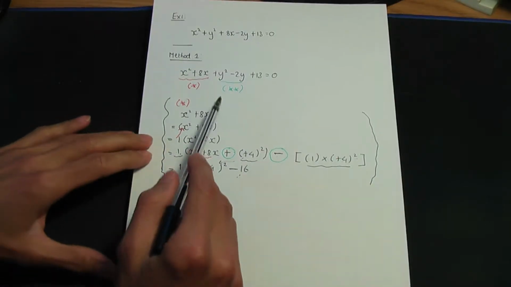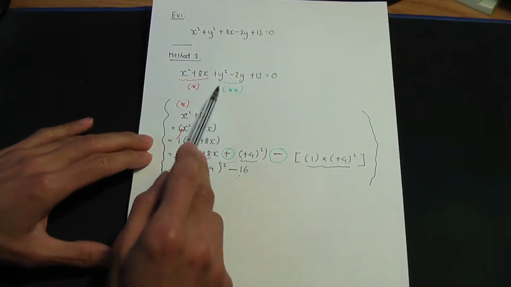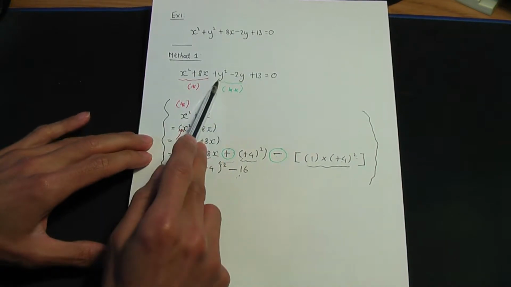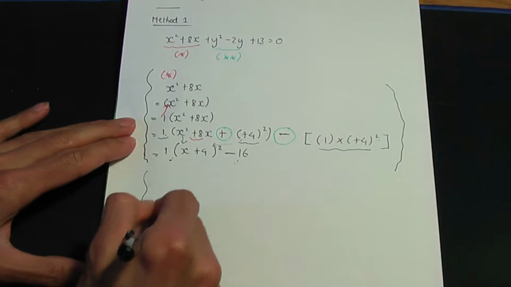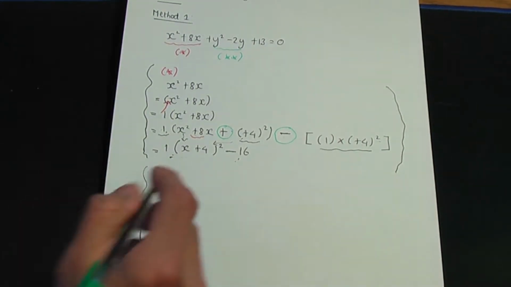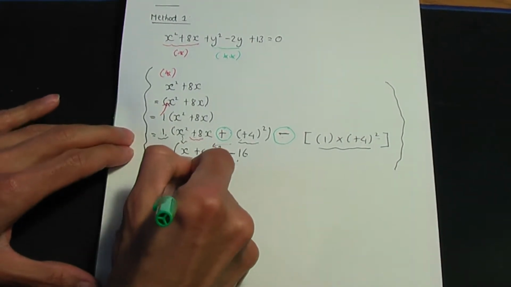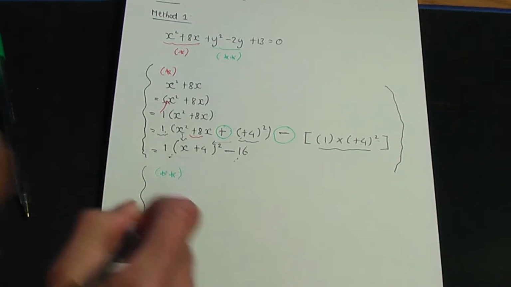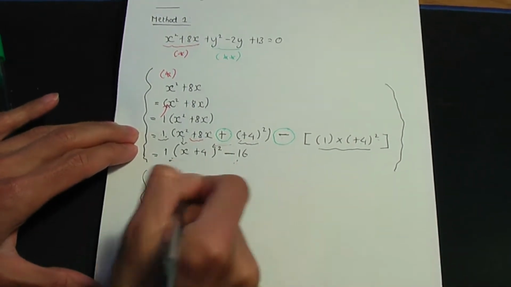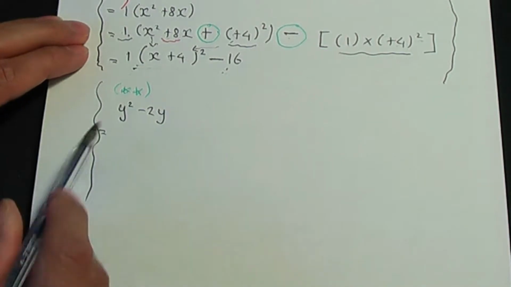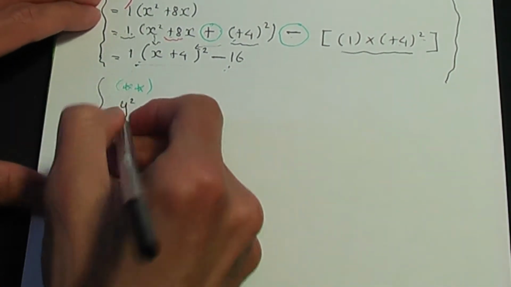Now let's continue. So we got double star. So let's complete the square of y squared minus 2y. So another side calculation. So here's double star. So let's apply the method to y squared minus 2y. So first step of completing the square.